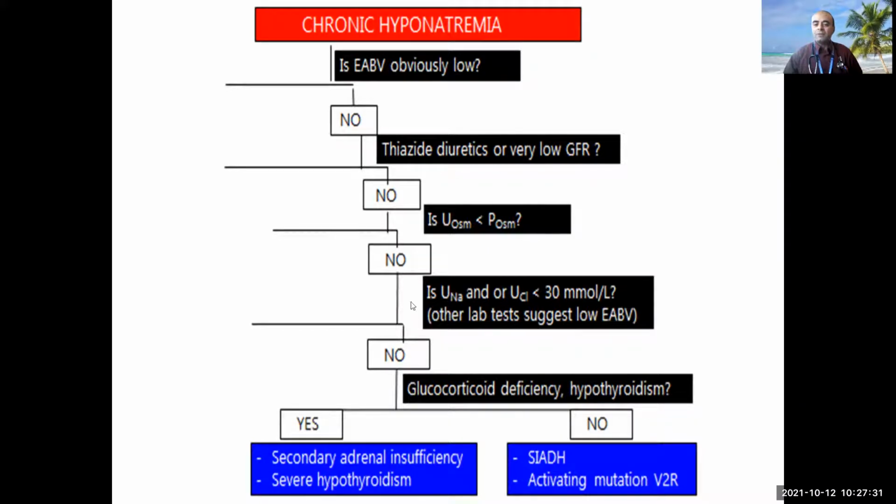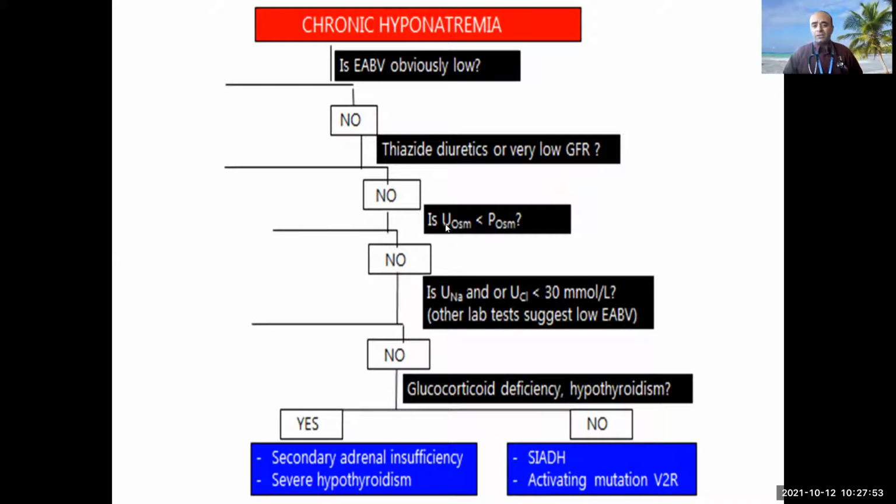If no, you should check urine sodium and chloride, whether less than 30. If the urine sodium is low, this means volume depletion. You should check your patient again. And if the urine osmolarity is more than the plasma osmolarity, this also means you have low effective arterial blood volume.